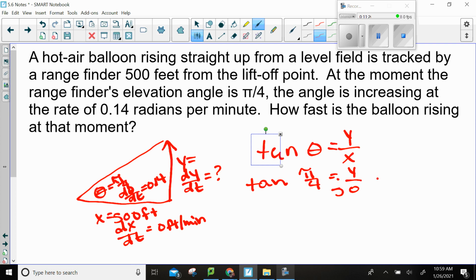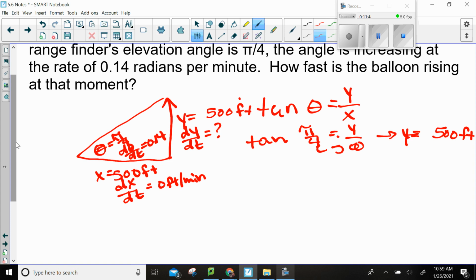So when x is 500, y is 500. Then I need to find the derivative of that tangent function.